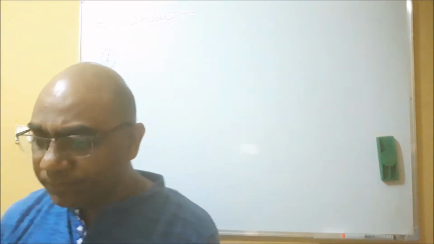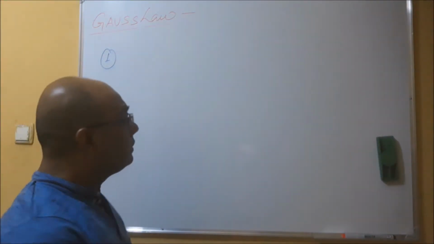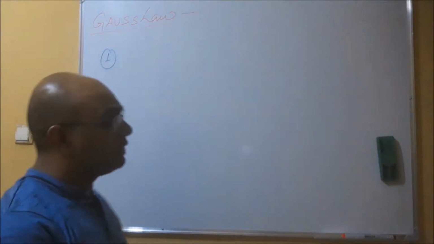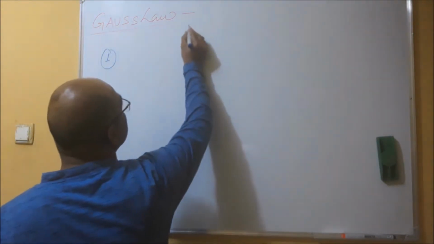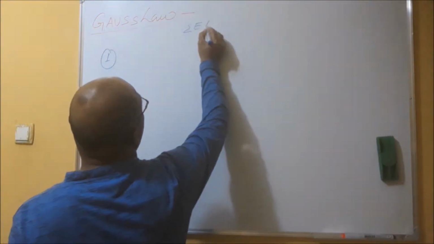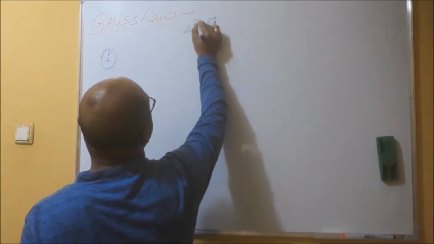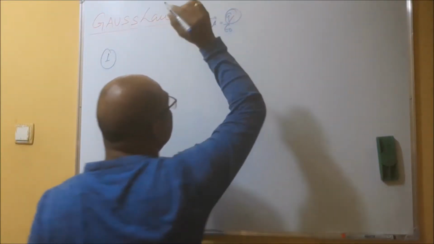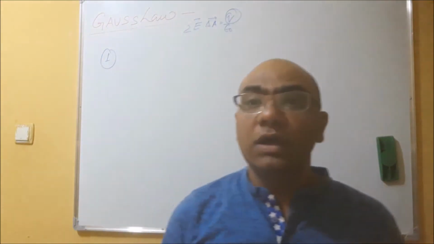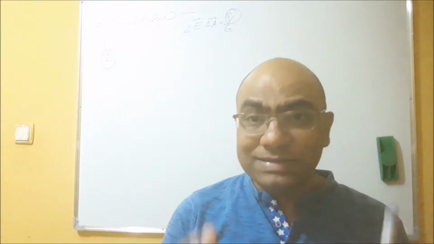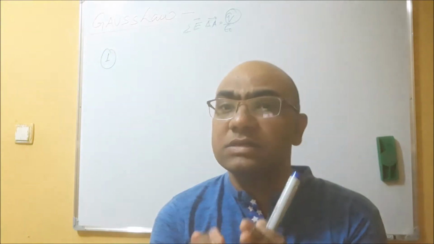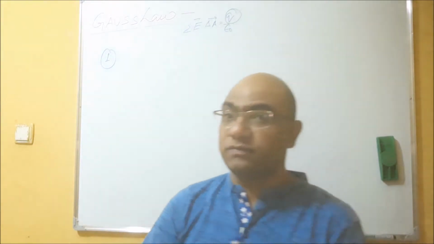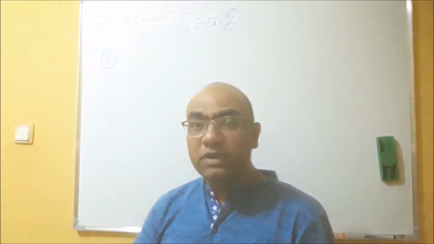The second point is the charge q which we have in the formula. What is the formula? I'm writing again: E dot del A is q upon epsilon naught. This q is the charge which is confined in this closed surface, right?